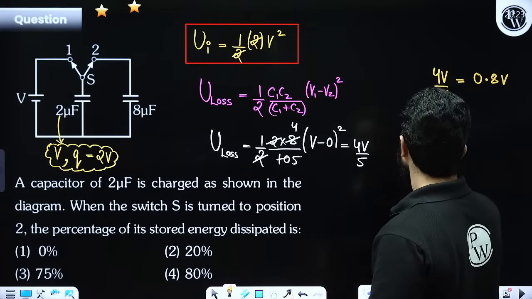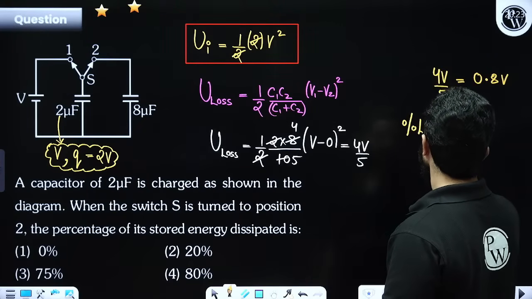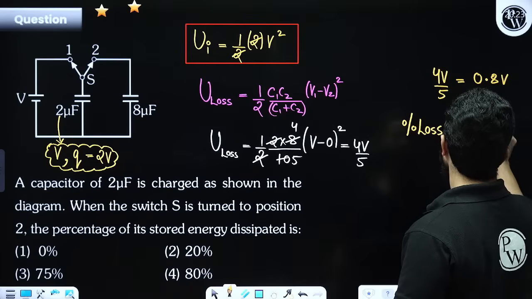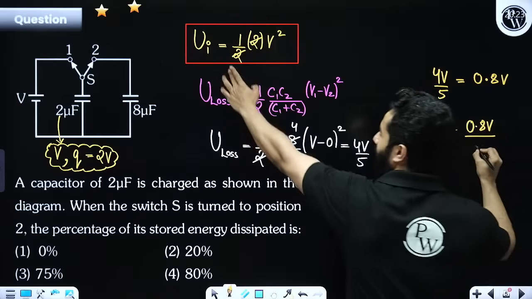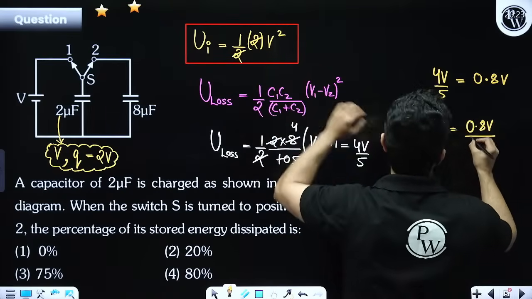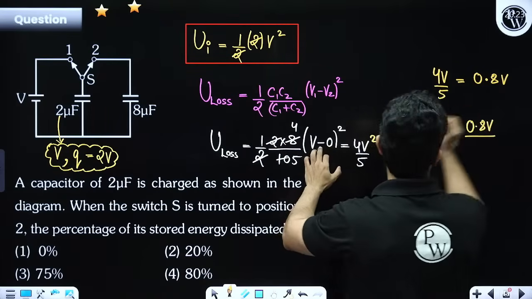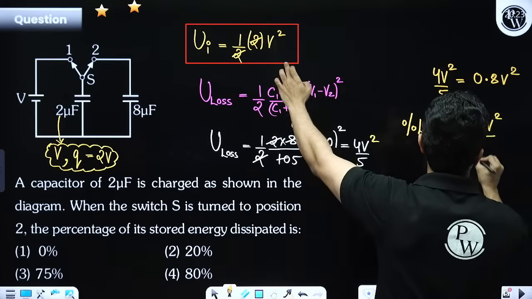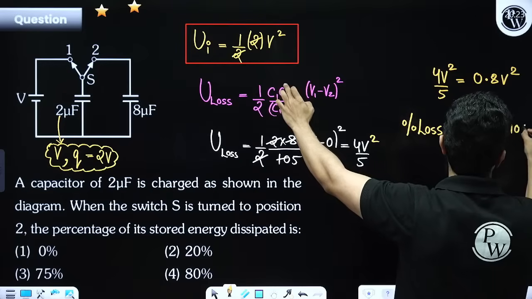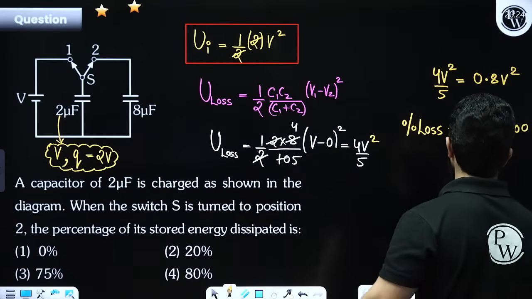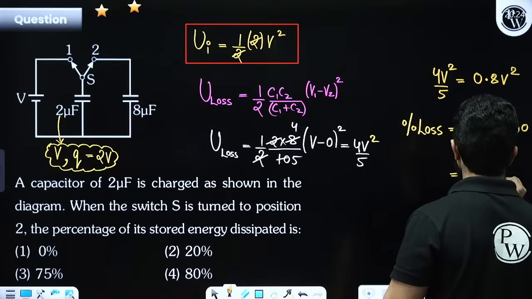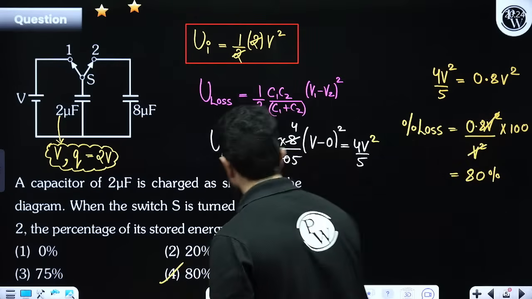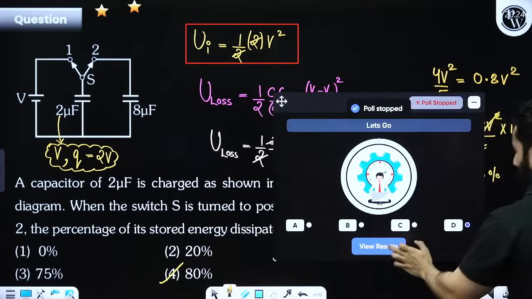So percentage loss will be 0.8 V square divided by the initial energy, which is V square, multiplied by 100. V square can be cancelled out and we get our answer as 80%. Nice problem. 80 is the correct answer. Fourth.